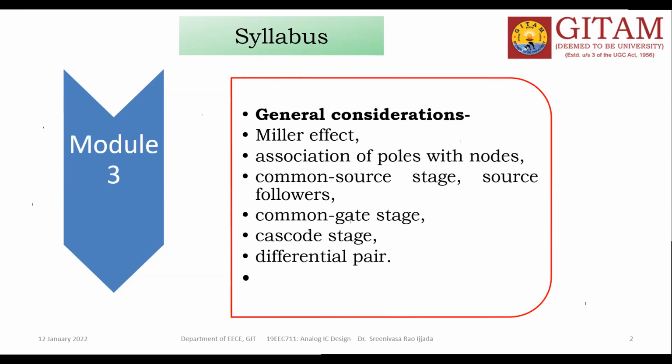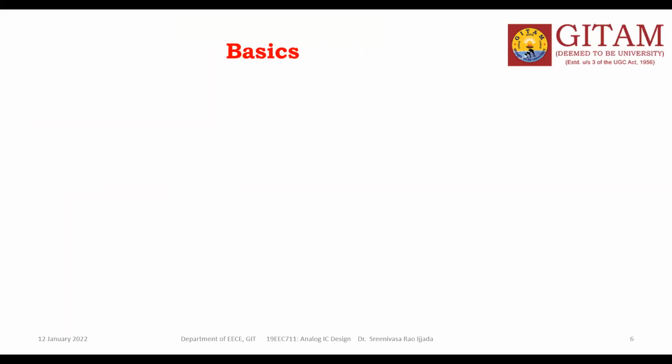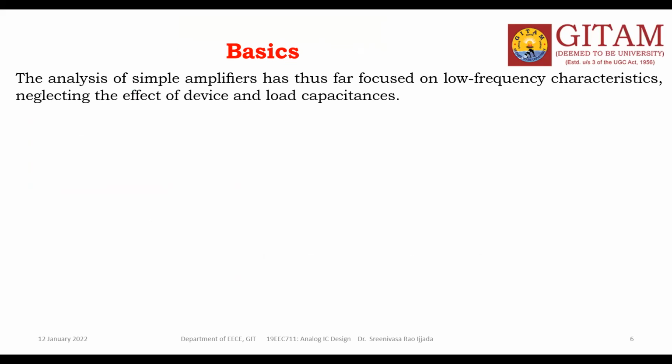Okay, so some basics we need to discuss here. The analysis of simple amplifiers has thus far focused on low frequency characteristics, neglecting the effect of device and load capacitances.